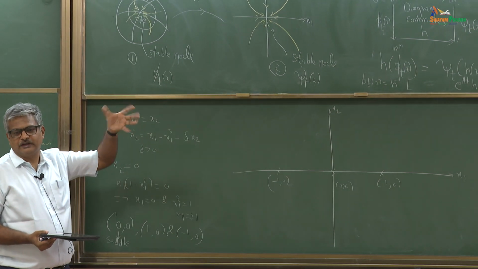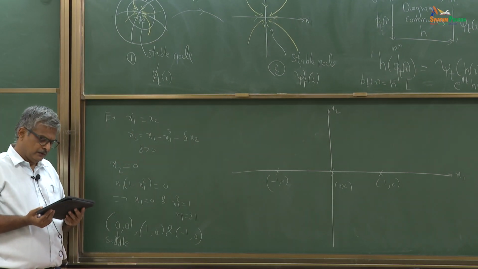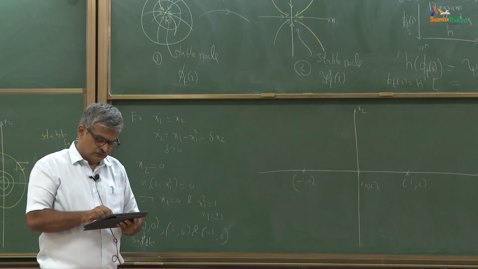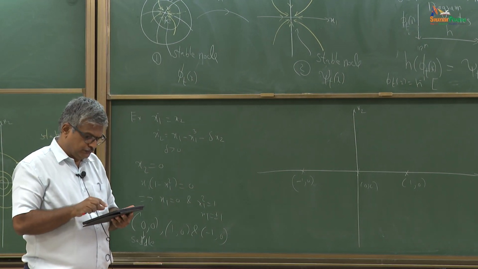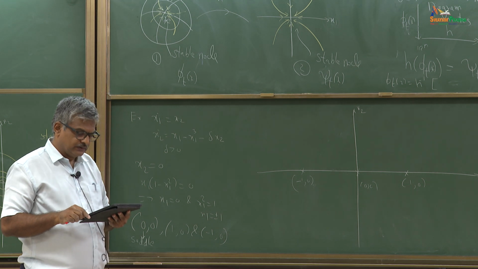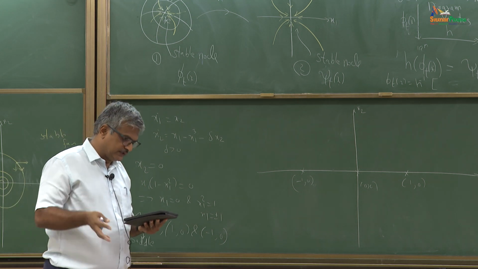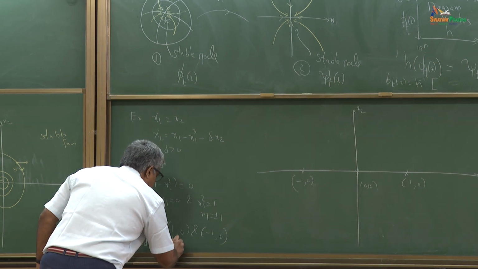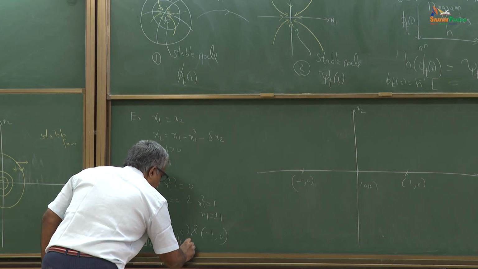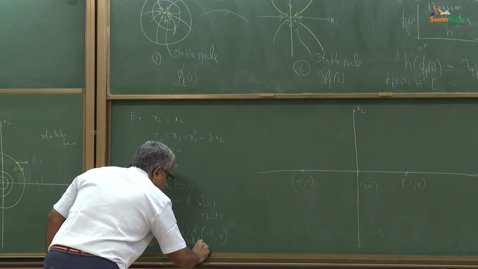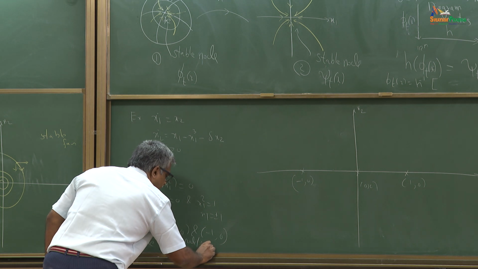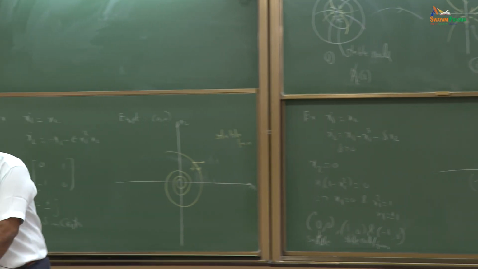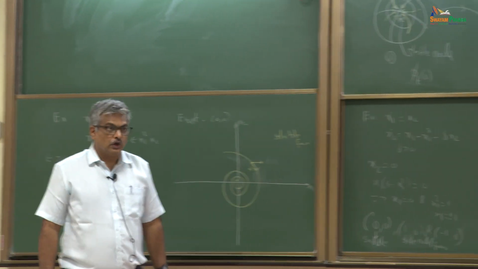So depending upon the magnitude of delta, say if you put delta equal to 9, you will get a stable node, right? So I will simply write stable node or focus. Both of them turn out to be either a stable node or a stable focus.